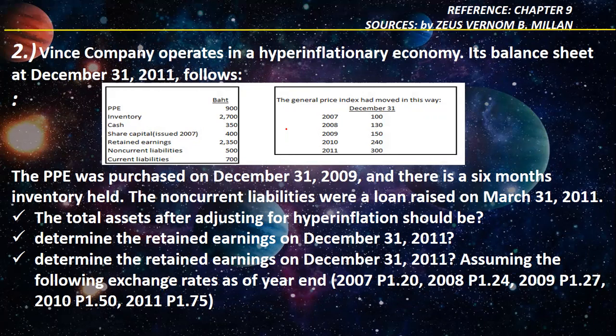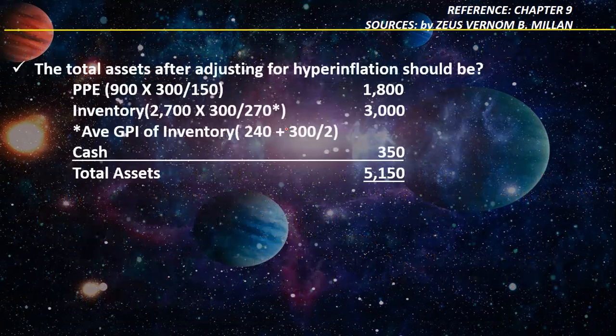The total assets after adjusting for hyperinflation should be. So, kukompute natin. Ano yung i-restate natin? Ano yung mga dapat natin i-restate? Ano yung i-continue na amount? Alright? So, here, for the first question, the total assets after adjusting for hyperinflation should be, so total assets, kukumpletuhin natin yung property, plant, equipment.